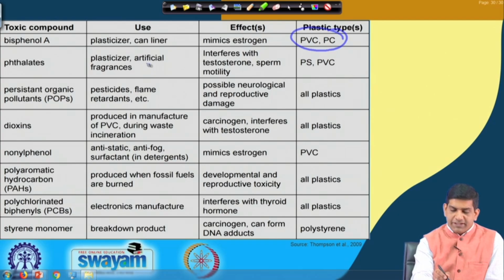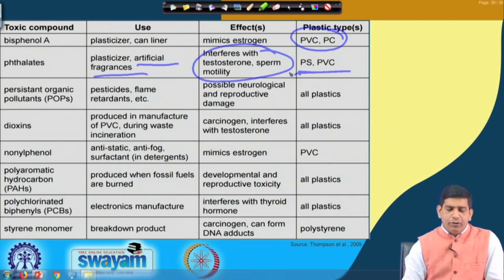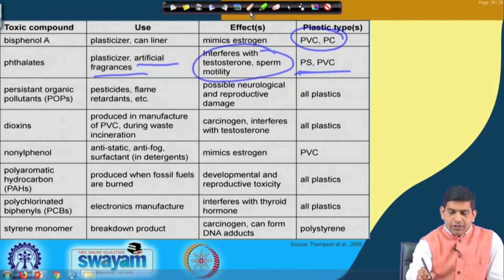Phthalates are plasticizers, also used in artificial fragrance. They interfere with testosterone and sperm mobility, which is why there are reproduction issues. They are used in polystyrene and PVC. Persistent organic pollutants, also known as POPs, are used in pesticides, flame retardants, etc., and have possible neurological and reproductive damage, and they are used in all plastics.